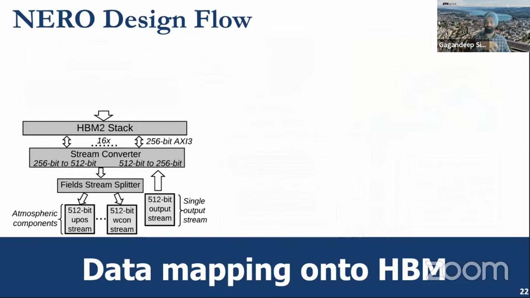On the FPGA side, once we have the data, we perform an initial buffering of the transferred data, and then we map it onto the HBM memory. This HBM memory is quite different from the DDR4 memories, because HBM has multiple stacks, and each stack offers you 16 pseudo memory channels. In total, you have 32 such ports available for you to exploit, and you can independently access all the ports the way you want. So you have a massive amount of bandwidth.